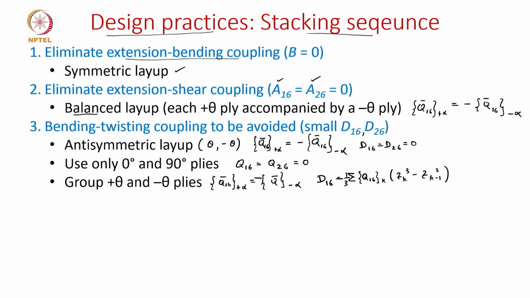So what this does is it doesn't take the D16 values to 0, but since these Q values are of equal magnitude and these Z values are very close, because let's say we are thinking about a laminate with 40 layers, and if we are talking about adjacent layers, the Z difference might be very small. So this makes the D16 and D26 values small. It doesn't take them to 0, but it makes the magnitude small.